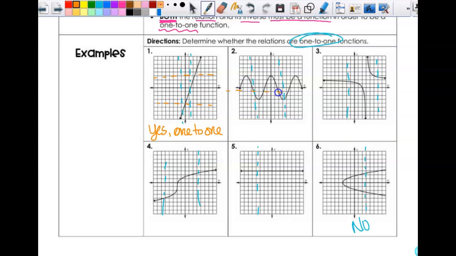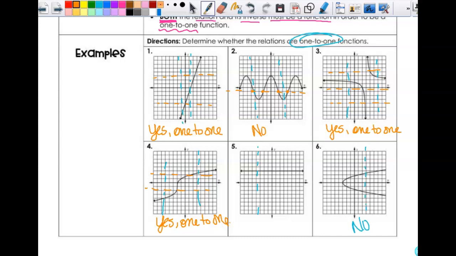This one does not pass the horizontal line test because it's going to intersect a whole bunch, so that's a no. 3. Okay, this passes. Remember, this isn't actually horizontal, so it passes. So this is yes, one-to-one. Then number 4. Yep, so this is yes, one-to-one.